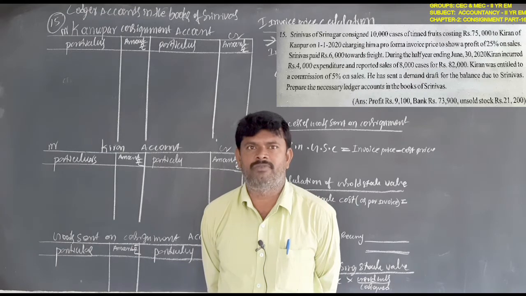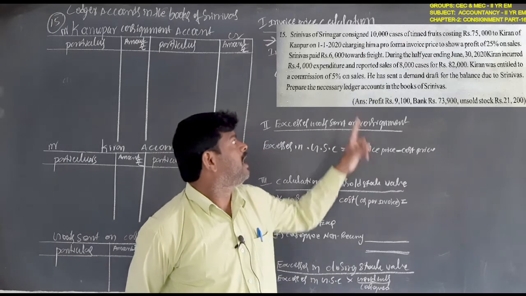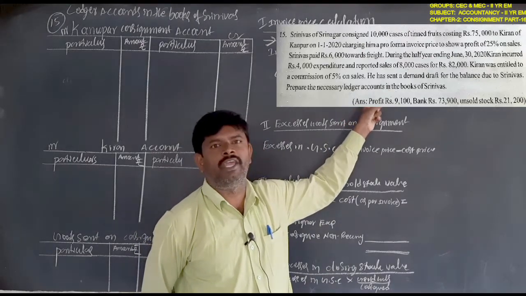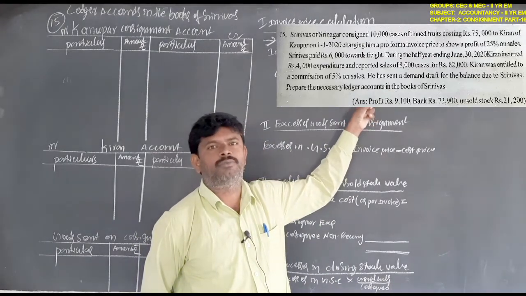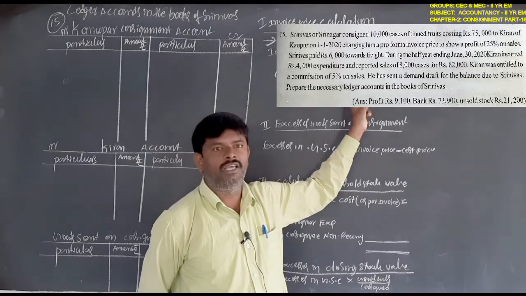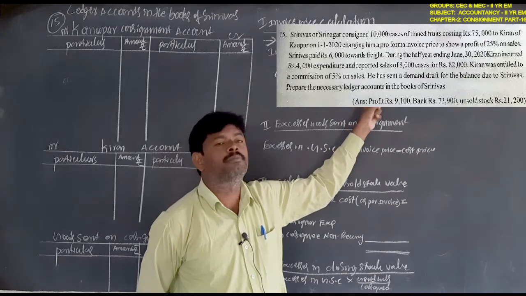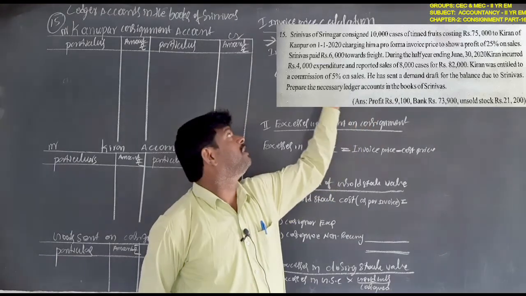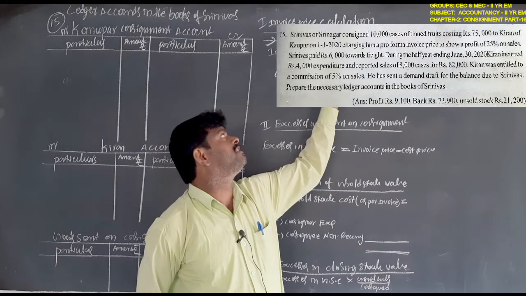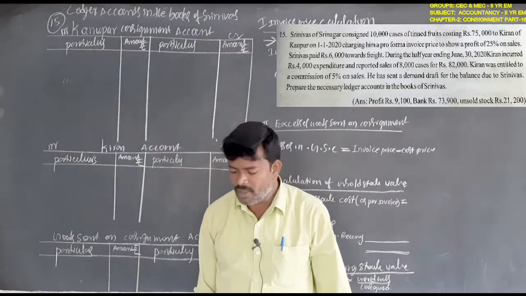The cost is 75%. So I will write here 100 minus percentage. In the previous problem it was percentage by 100. In this problem, when the invoice price is given on sales price, it is percentage by 100 minus percentage. Remember this one thing.